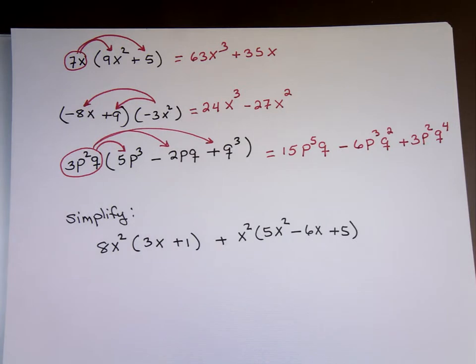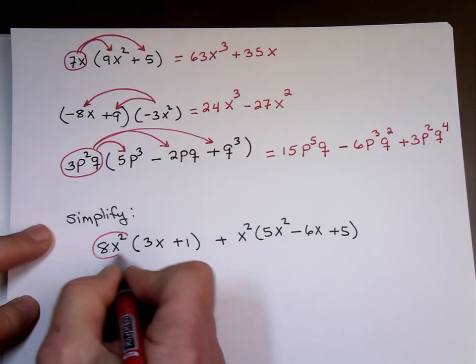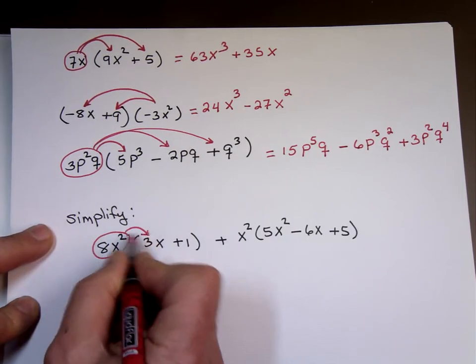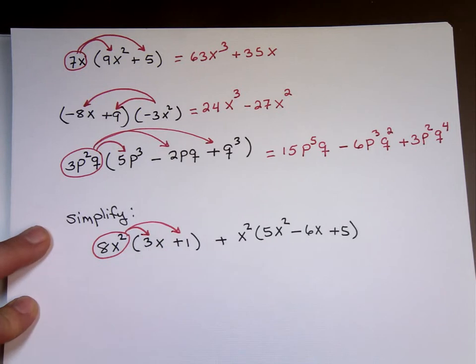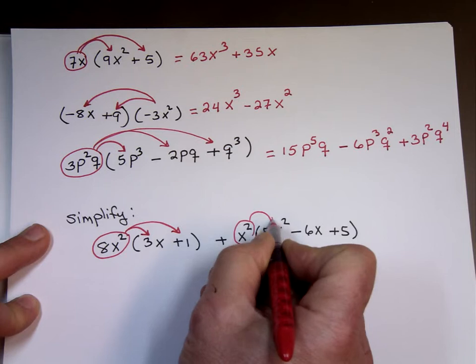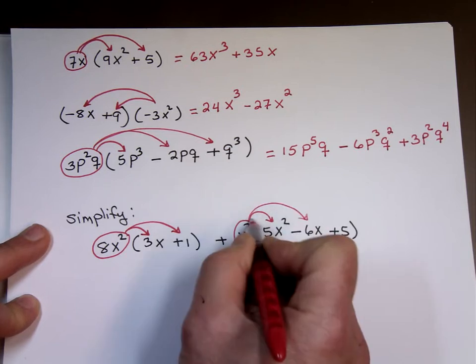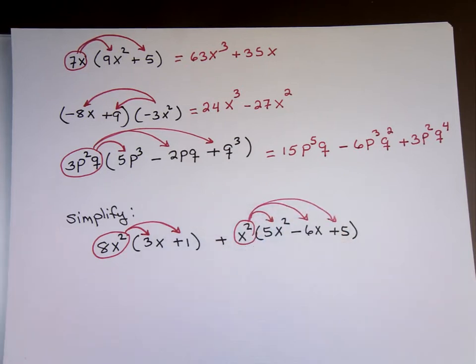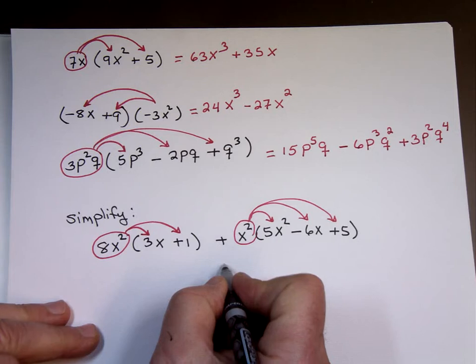Which means I got to take this one, multiply it by this, and multiply it by that. Then I'm going to take this one, multiply it by this, and by that one. I got to do the multiplication before the addition. Let me find the answer to each one.